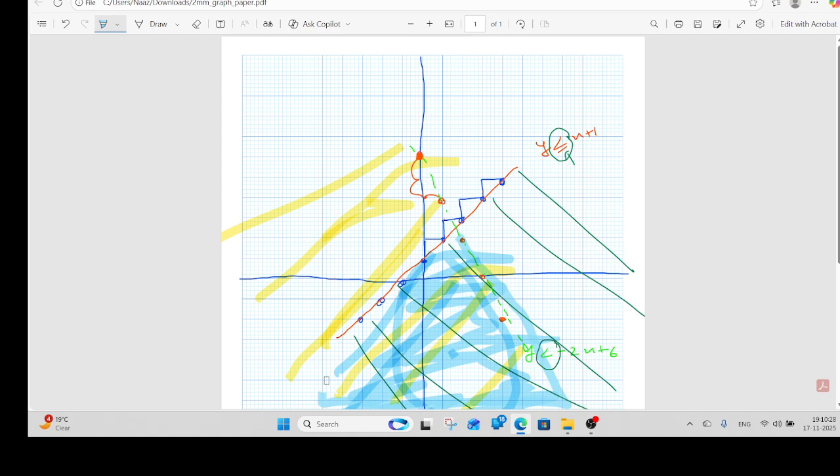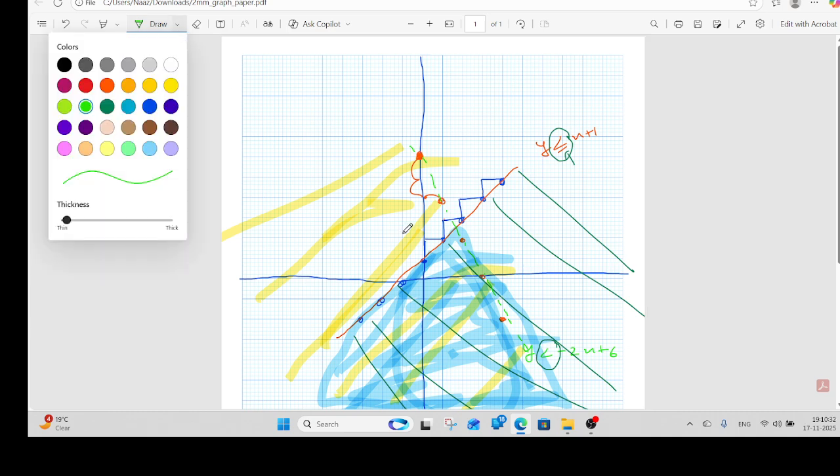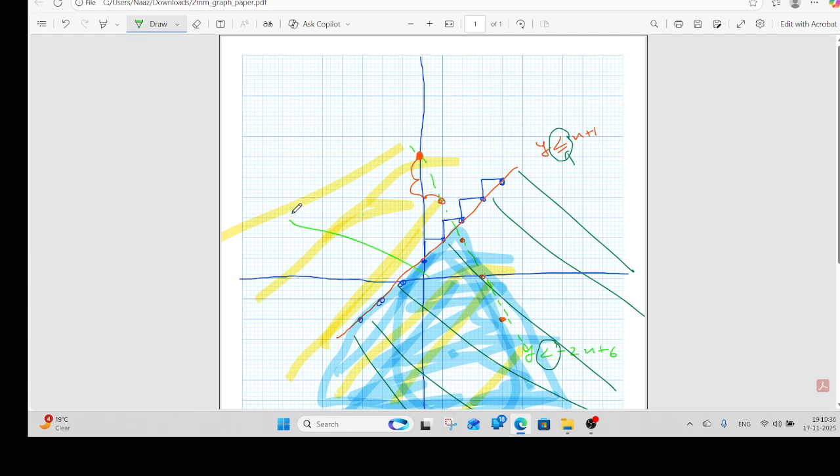This part is overlapping, it's making like a triangle, because there is a line, right? So this is going to be my solution because these values will hold true for both of the inequalities. That's how we graph and solve a system of linear inequalities.